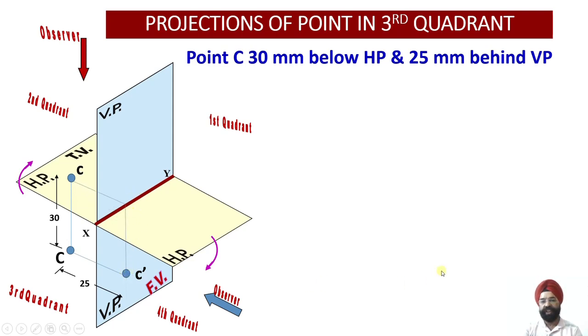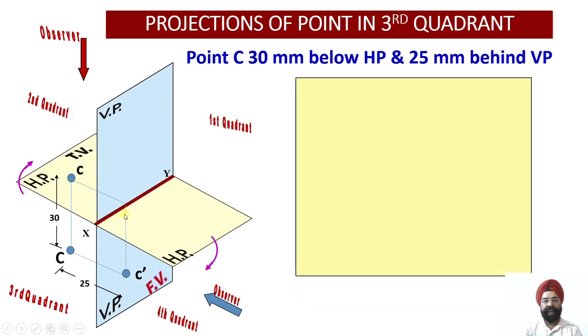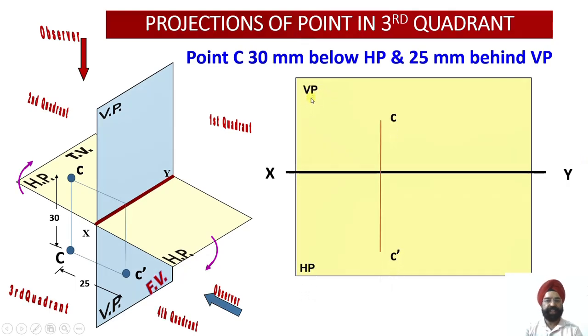So let us draw these projections over here, and once again you see we have joined these projections with this line, indicating that C and C dash will both be lying in one vertical line. So this is my xy line, this is my vertical plane onto which the top view has been obtained. This is my front view where C dash has been located. So C has been located, C dash has been located.